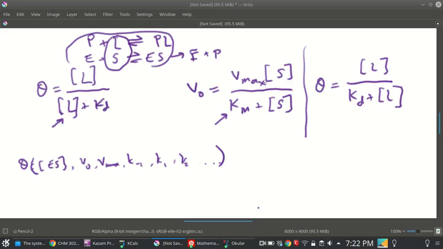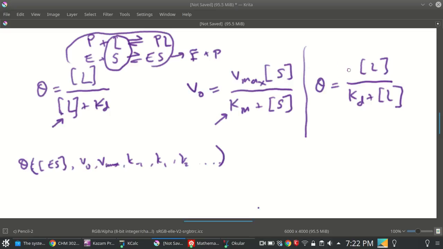Okay, so if all I'm missing is Vmax, how can I make this Michaelis-Menten equation look just like this theta? Or how can I make this theta look just like the Michaelis-Menten? Either way, what I need to do is put a Vmax over here.